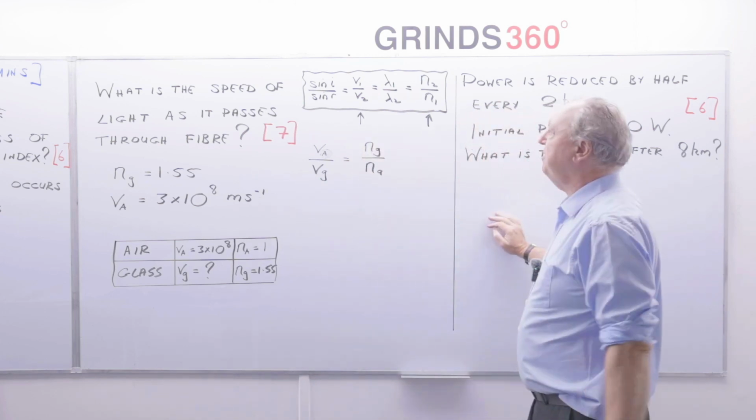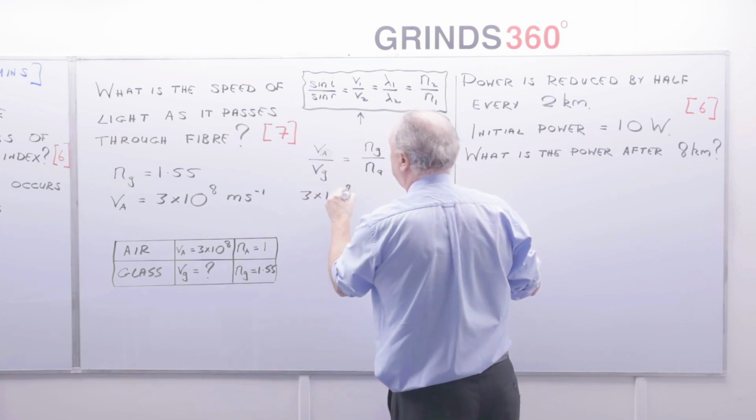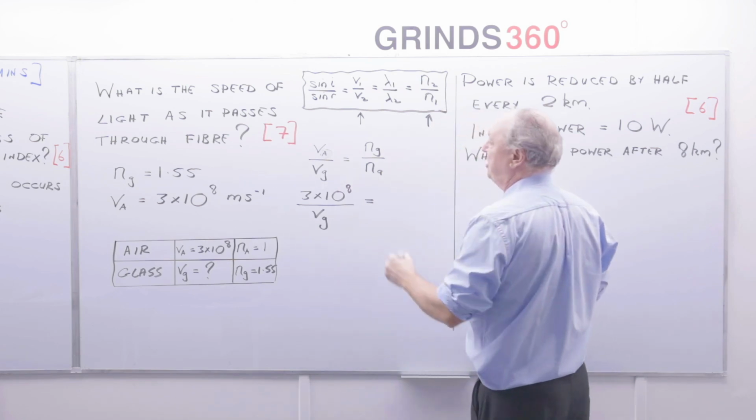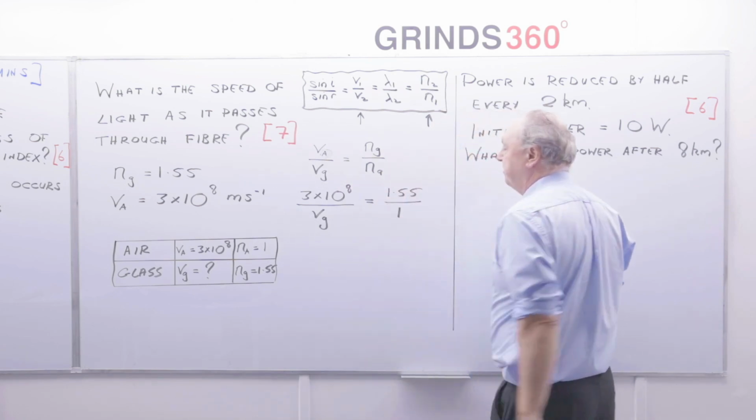Let me put my numbers in. VA is 3 by 10 to the power of 8. VG, I need to find. NG is 1.55. And NA is 1.